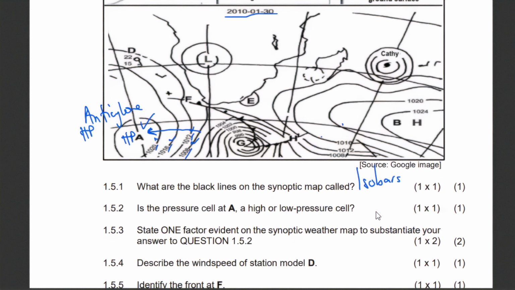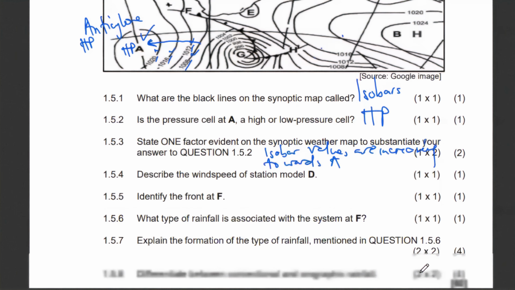So we have answered 1.5.1, it's a high pressure, and we have given a reason. The isobar values are increasing towards A, which is the center of the cell. So as they are increasing, it shows that it's a high pressure cell.